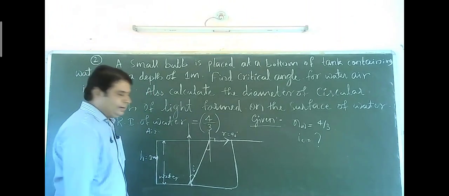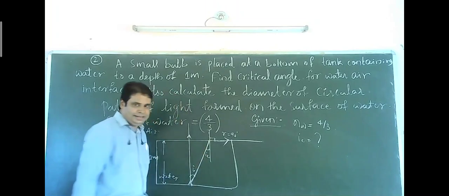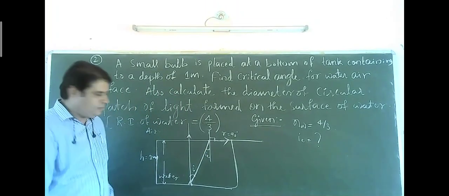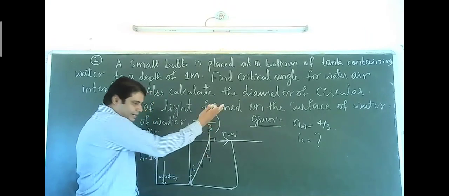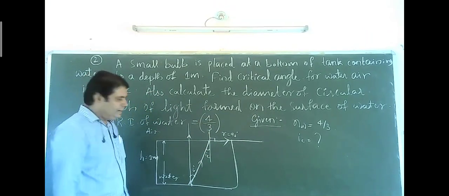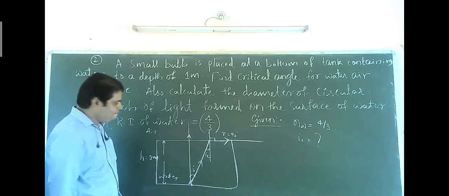Then your angle of incidence will be the critical angle. Hope you understood the problem. We have a number of rays, a beam of light. We have to calculate the critical angle.